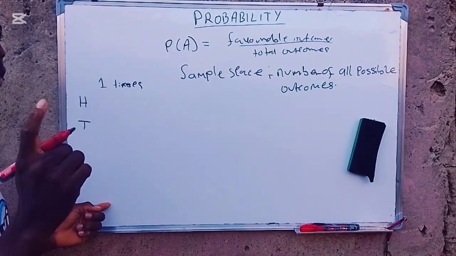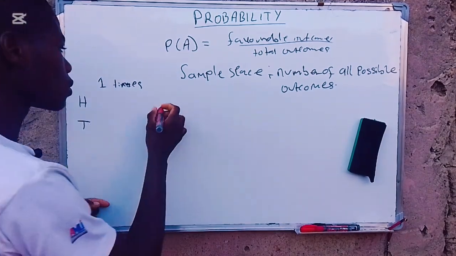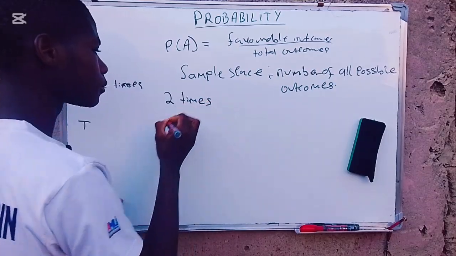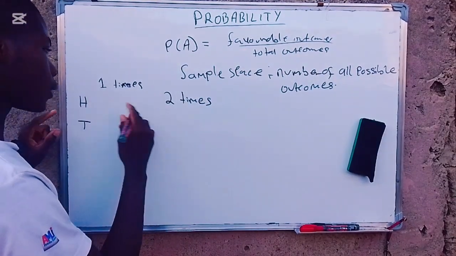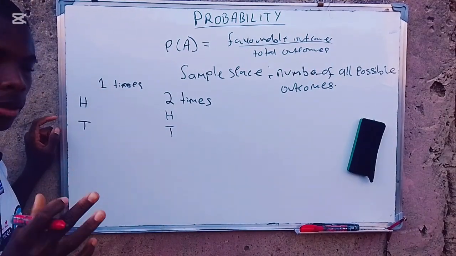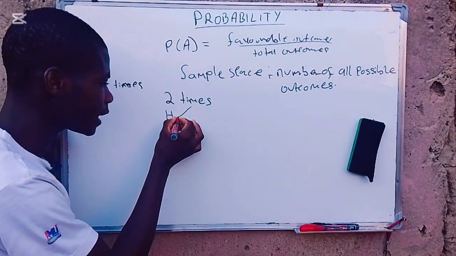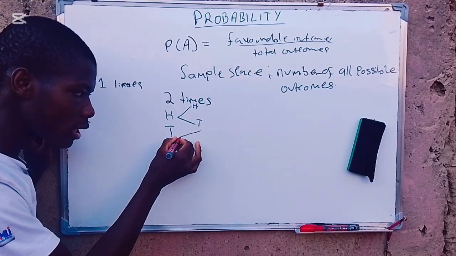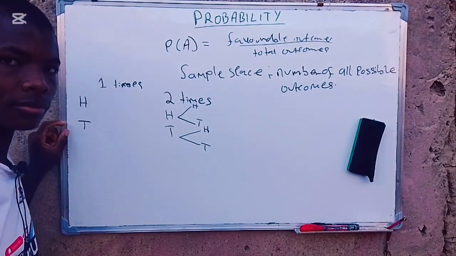So what will be the probability if I flip a coin two times? Suppose I flip a coin two times. If I flip it one time, I'll get head and tail. If I flip it again a second time, in head I will get again head and tail, and also in tail I will get head and tail.